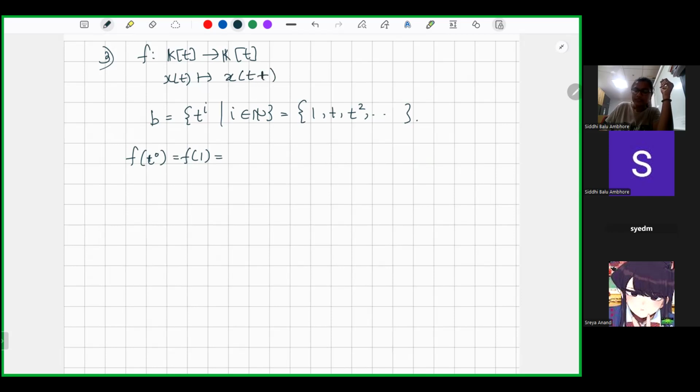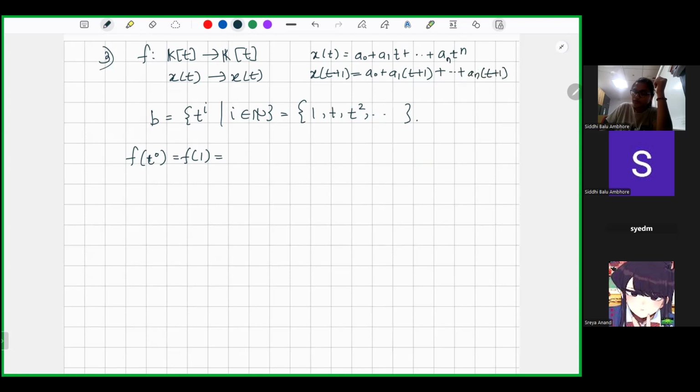And when I write x(t) goes to x(t+1), it means if my polynomial x(t) is a_0 plus a_1 t plus and so on up to a_n t^n, then x(t+1) is, instead of t, I'm just putting t plus 1 here. Okay, this is what it means.